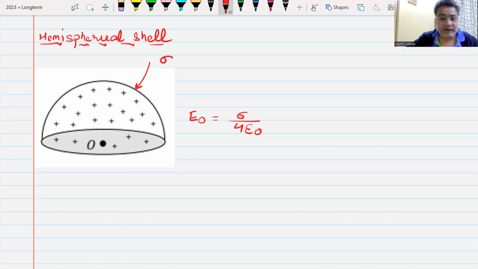Hemispherical shell, electric field at the center of a hemispherical shell. So note it down, please. I'll give you a minute to note it down. Then let's move ahead.